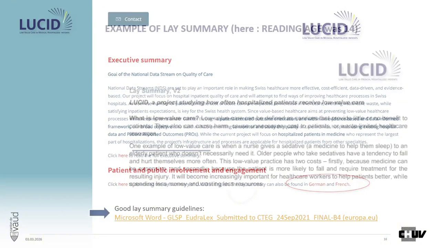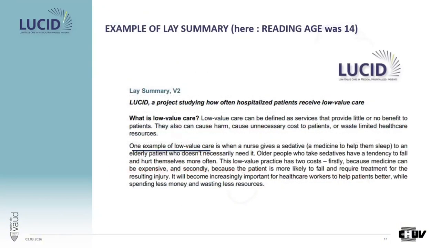Next slide. One important thing I learned about lay summaries is that the reading age is really important. And I think what we normally see as lay summaries have too high a reading age. We had to drop the reading age of our lay summary using this native English speaker. And this is an example.